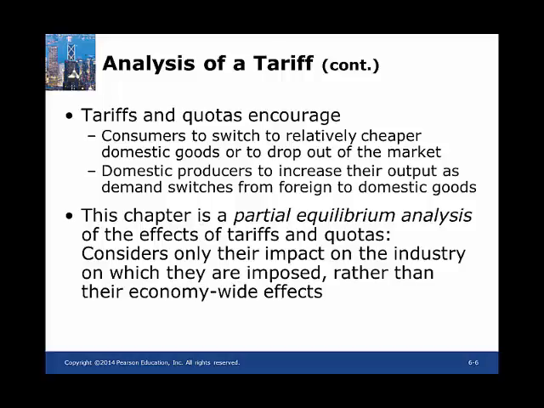This chapter is a partial equilibrium analysis of the effects of tariffs and quotas. It considers only their impact on the industry on which they are imposed rather than their economy-wide effects.